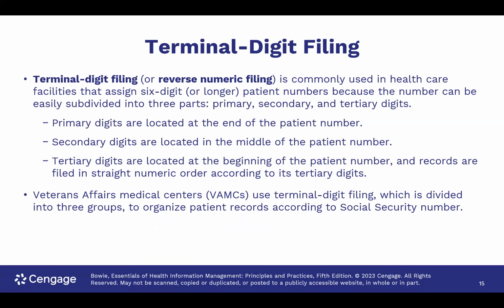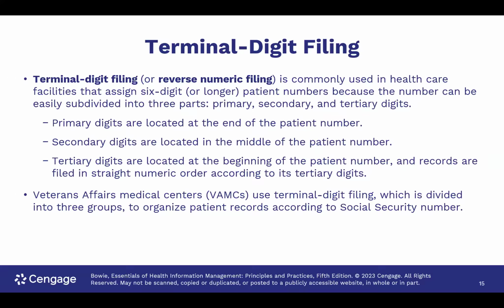With terminal digit filing, this is used because healthcare facilities assign medical record numbers in 6 digits, 3 groups of 2. So we have primary, secondary, and tertiary. The primary is the records located at the end of the patient's number, secondary in the middle, and the tertiary at the beginning, right?